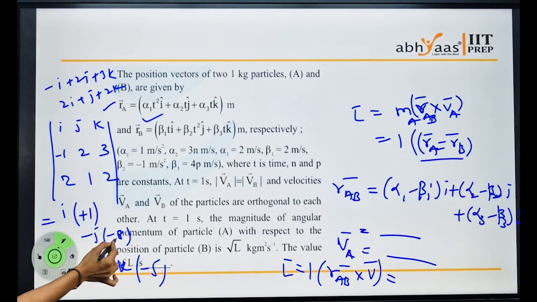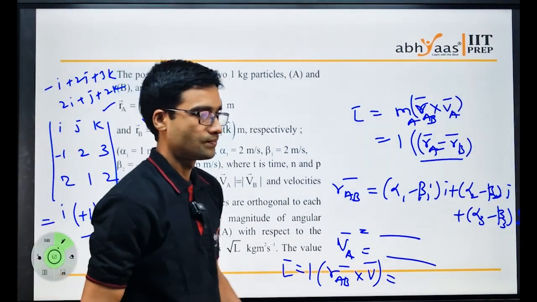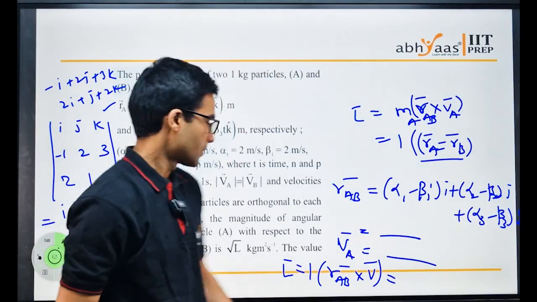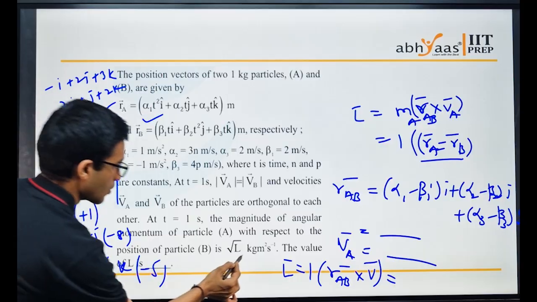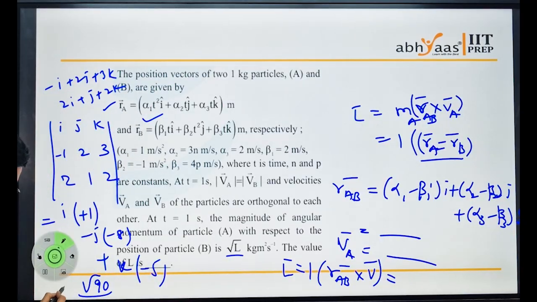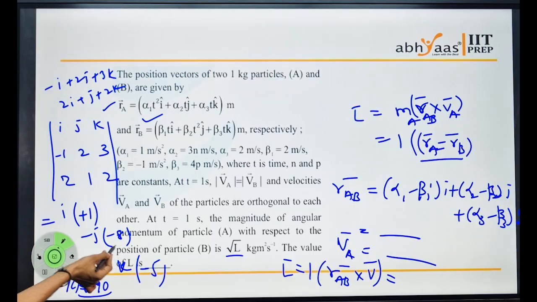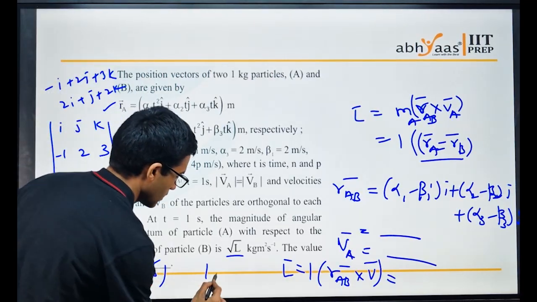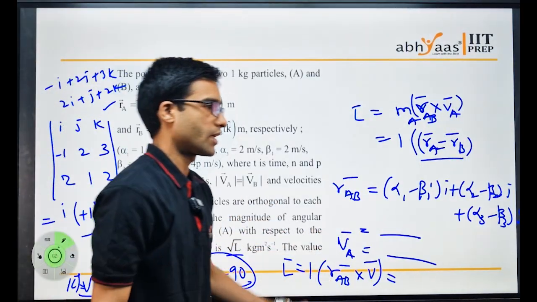So if you calculate 64 plus 25, how much? 64 plus 25 is 89, plus 1, that means this is root 90. So what is asked? Modulus of L is root 90. You just calculate 64 plus 25 plus 1, root 90. So these calculations in between you just try to calculate.